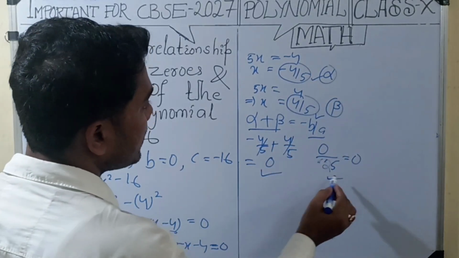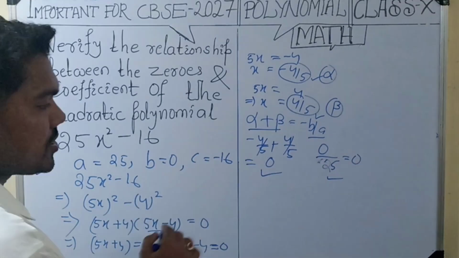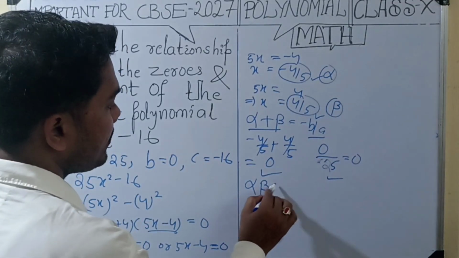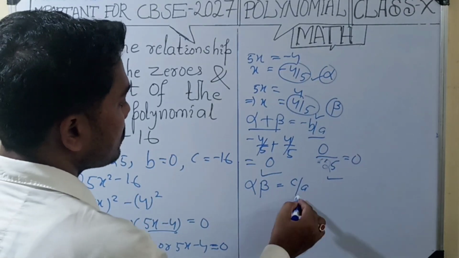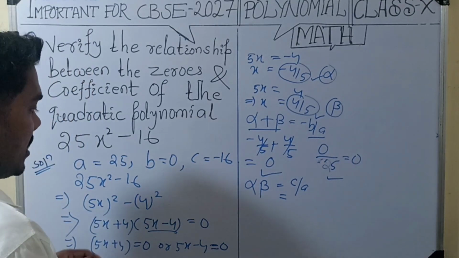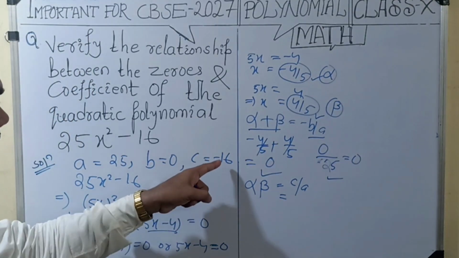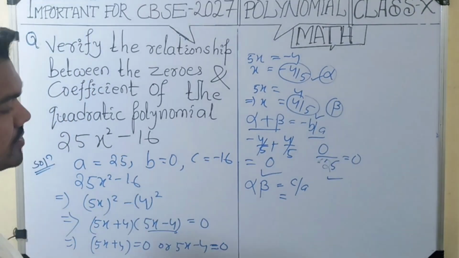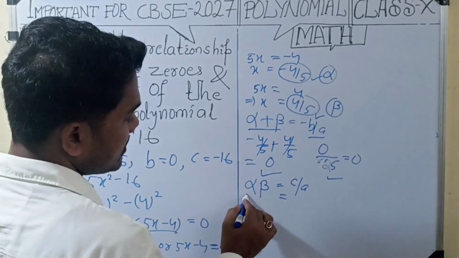Then for the zeros, alpha into beta is equal to c by a. The value of c is minus 16 and a is 25. So we have to again verify LHS is equal to RHS.